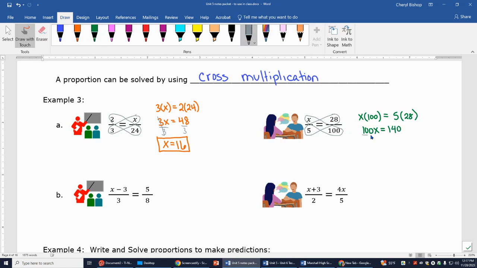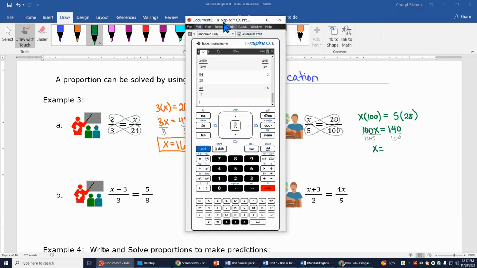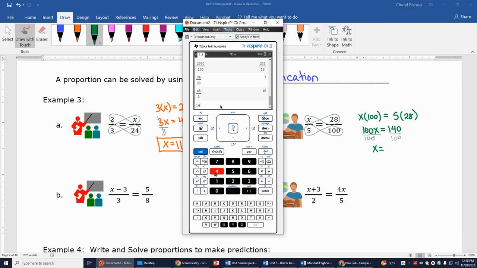If I divide both sides by 100, division property of equality, that is going to give me x equals 140 divided by 100 is 7/5.